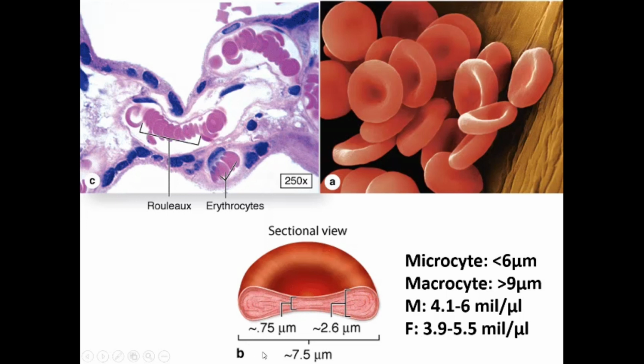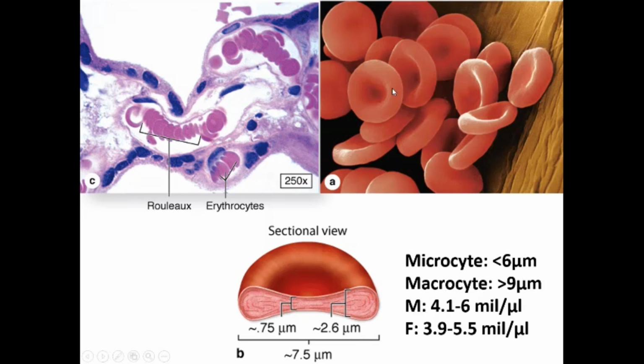The diameter of the cell, you can see, is about 7.5 micrometers, usually a standard size within our tissue under the microscope. Smaller than this size is called microcyte. Bigger than this size, about bigger than 9 micrometers, is called macrocyte.